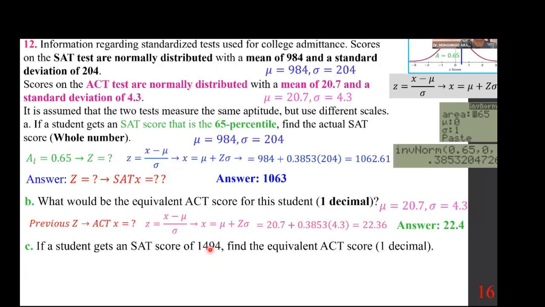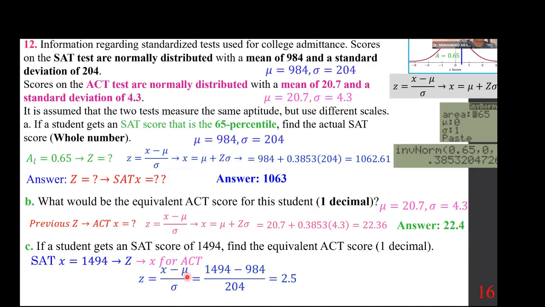And then we use the Z-score for ACT, and we come up with its X value. So SAT X is 1494. Find the Z value. Use the Z value to find the X for ACT. So this is the process, everybody.